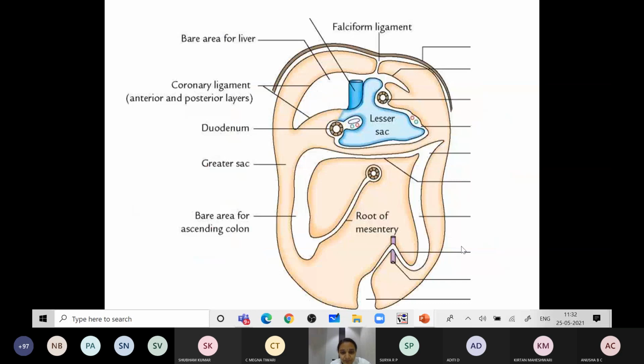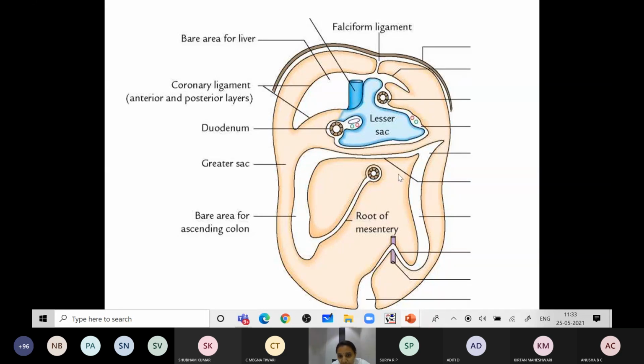Here we can see, which is reflected. Then this is the root of the mesentery, where the attached part of the mesentery is attached. The free border suspends the coils of the small intestine. This is the right layer, which covers the posterior right side of the root of the mesentery.